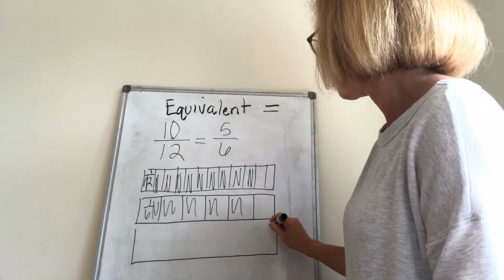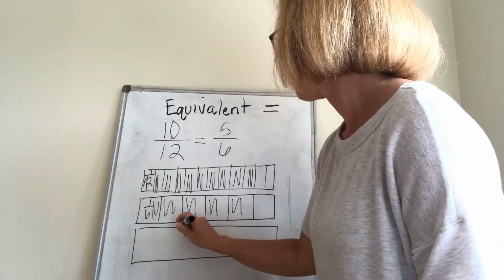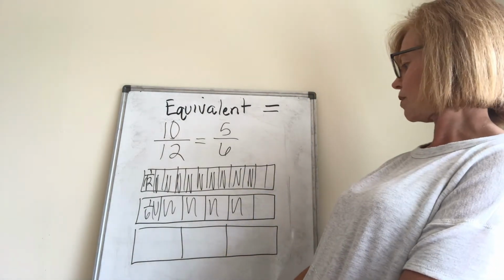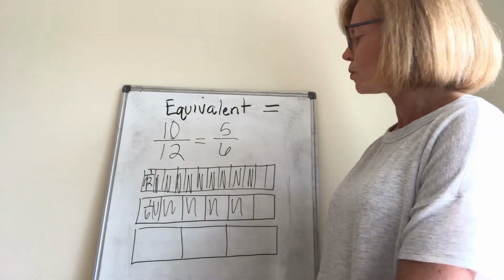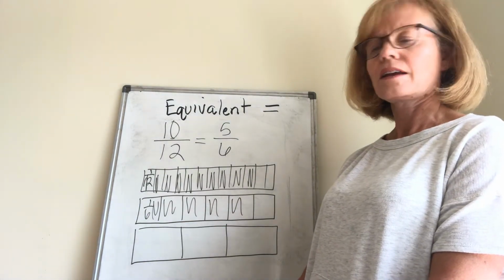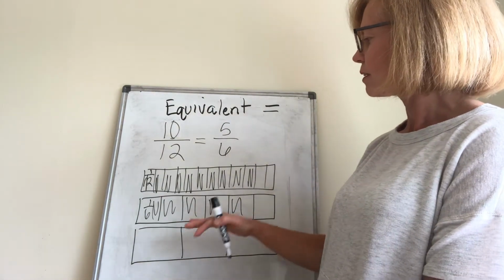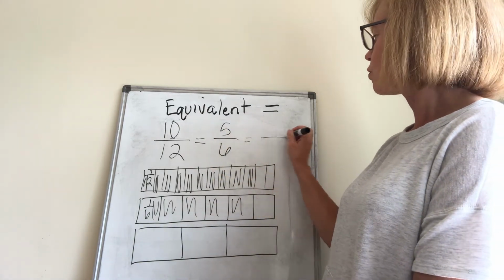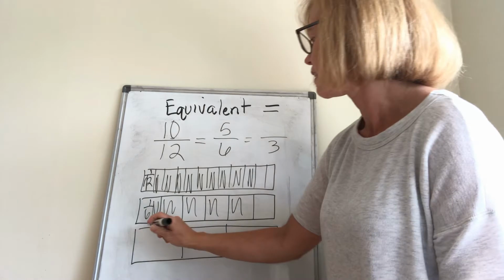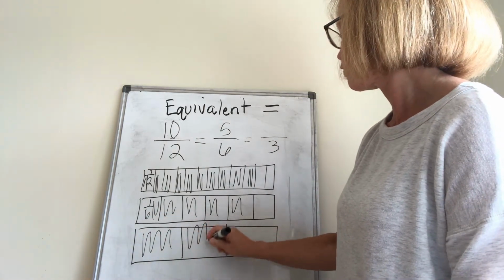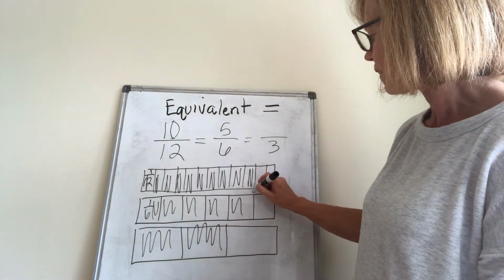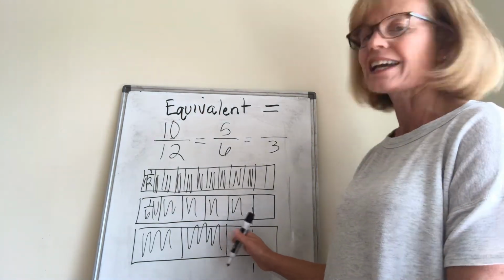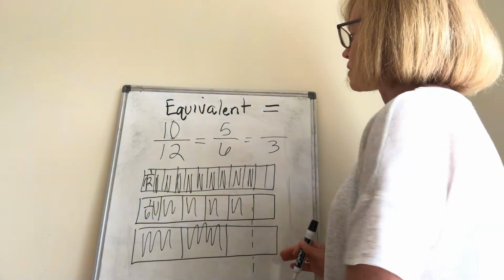Let's try it here with thirds. Would I be able to make a fraction that was equivalent to 10/12 and 5/6 with thirds? Well, let's see. Here's 1/3, here's 2/3. This is more than 2/3. So I can't make this any smaller.